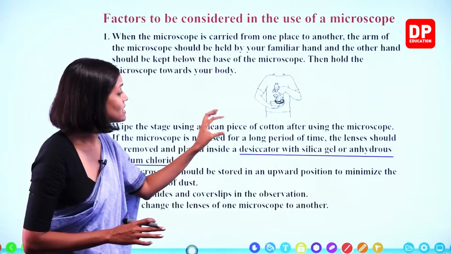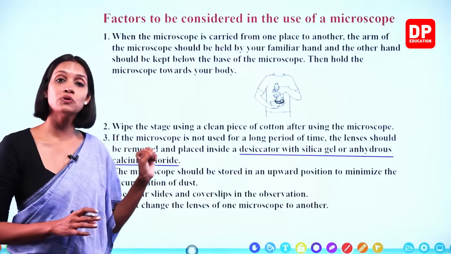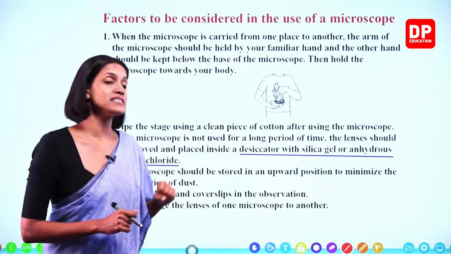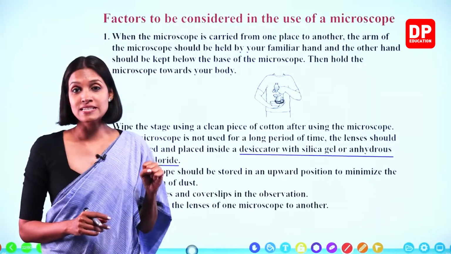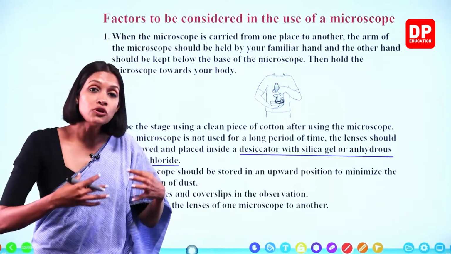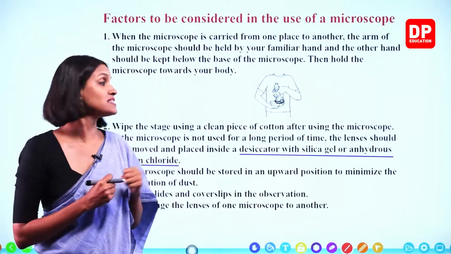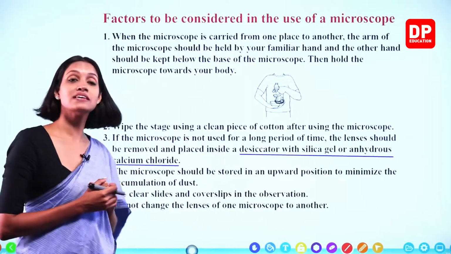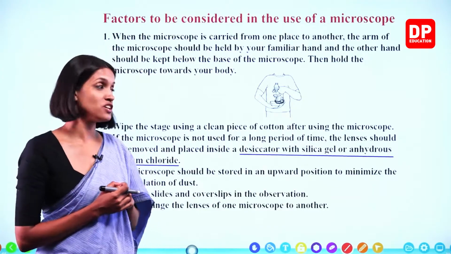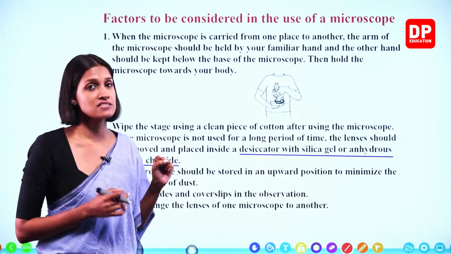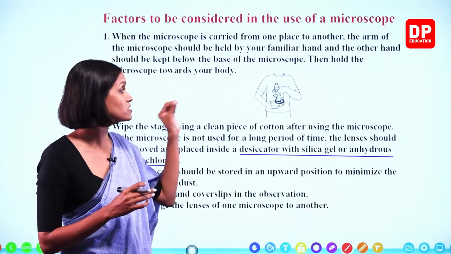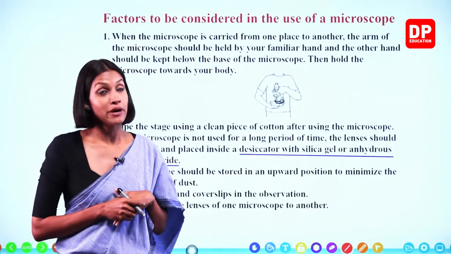So, you have to put silica gel or anhydrous calcium chloride inside this desiccator with the lenses, right? So even though there's moisture present inside the desiccator, it will be absorbed by this silica gel or anhydrous calcium chloride. Right, children? This is for the protection of the lenses. I told you all, lenses are the most important parts of the microscope.